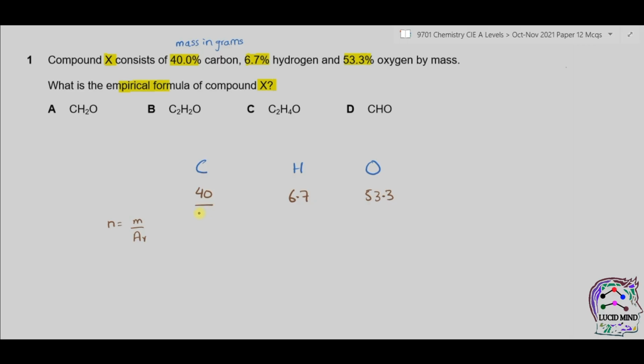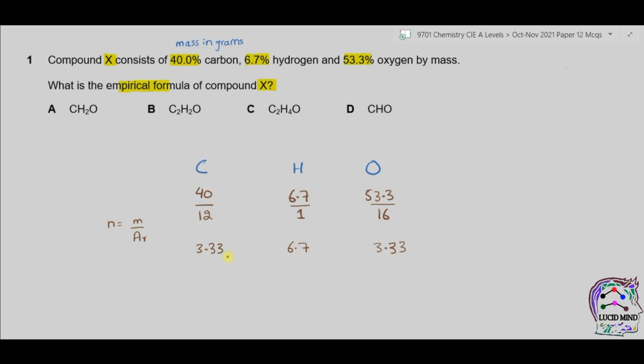So 40 divided by 12 for carbon, hydrogen 6.7 divided by 1, for oxygen 53.3 divided by 16. So it comes equal to 3.33 for carbon, 6.7 moles for hydrogen and 3.33 moles for oxygen.